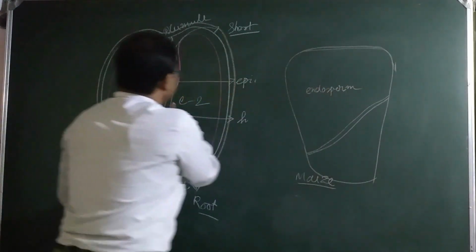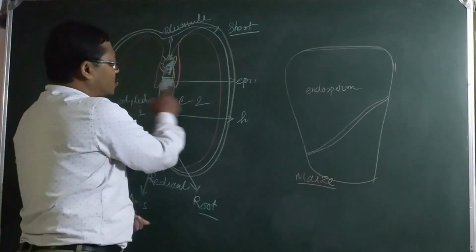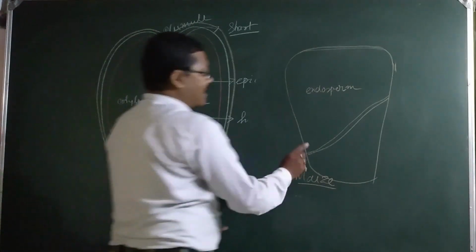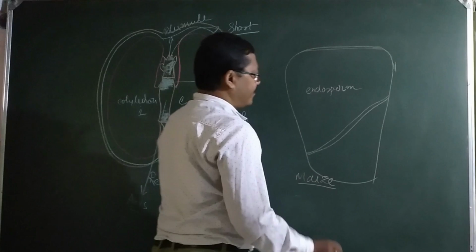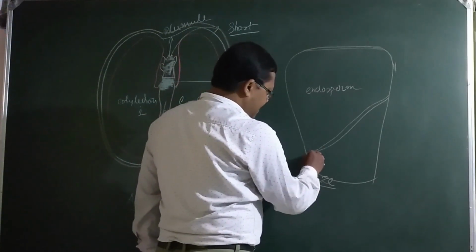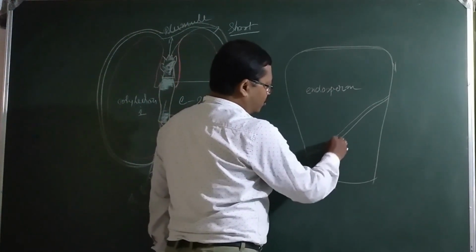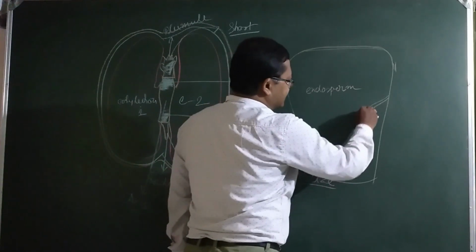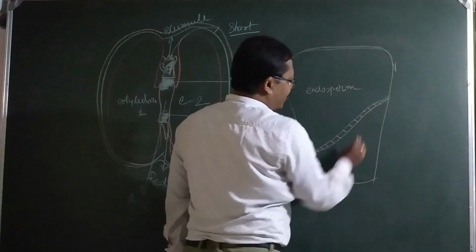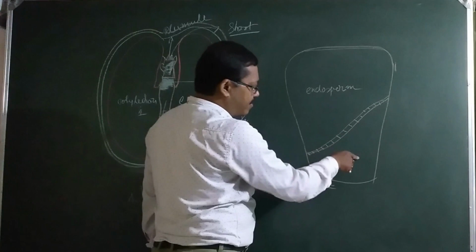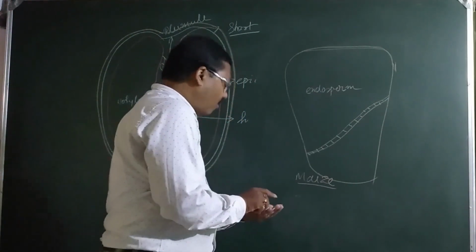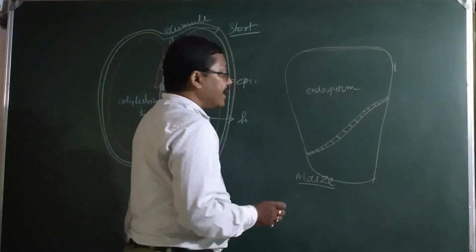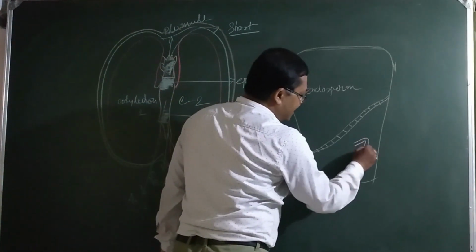In a dicot seed, endosperm is totally absent, and two cotyledons are present. Here, most of the space is occupied by endosperm, and an epithelial tissue separates this endosperm from the embryo, which is present at the lower side. What is the embryo? This is the embryo.